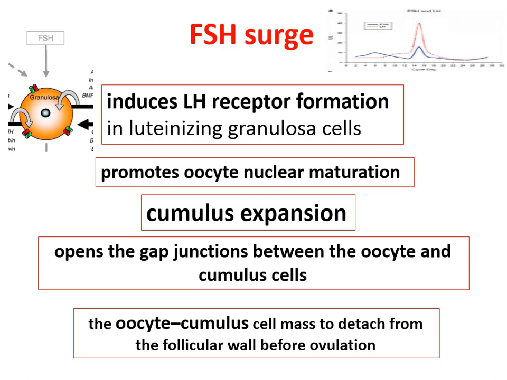So FSH is very important. And this is a good point, because when we discuss the triggering, you will see that GnRH agonist is advantageous over HCG because it leads to increased FSH, and FSH has a very important role in ovulation, not as important as LH, but it has a different role.